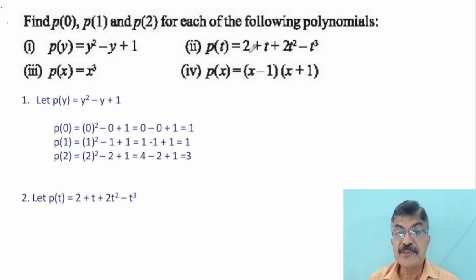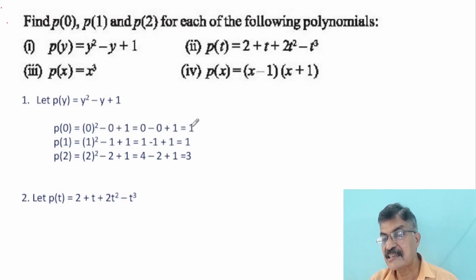Find p(0), p(1) and p(2) for each of the following polynomials. That is, evaluate the polynomials for y is equal to 0, y is equal to 1, y is equal to 2. That's the meaning. So what we have to do? Put the value of this variable y as 0 in the first expression and do the necessary arithmetic. It's a very simple concept. That is, substitute y with 0 here.